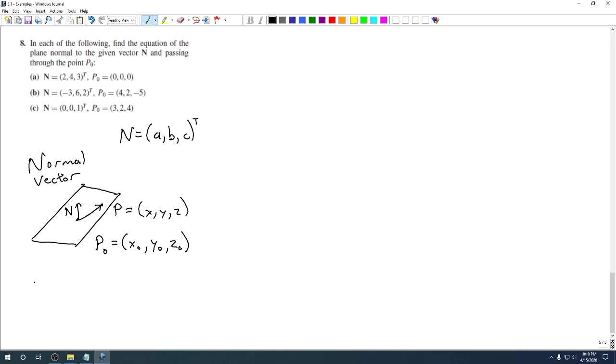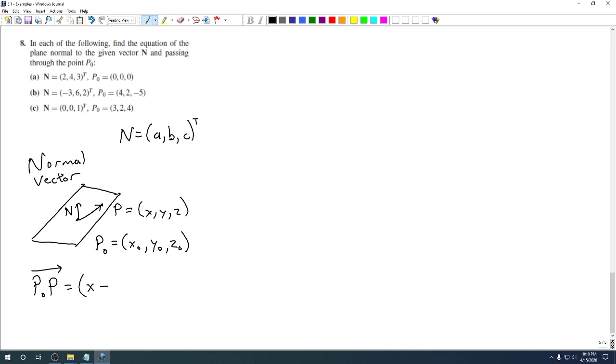Well, the vector from P0 to P, which we can write as P0P with an arrow over it, we can find by taking the difference between the coordinates of P0 and P. We take the terminal point P and we subtract the initial point P0.